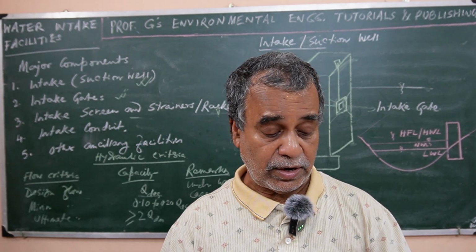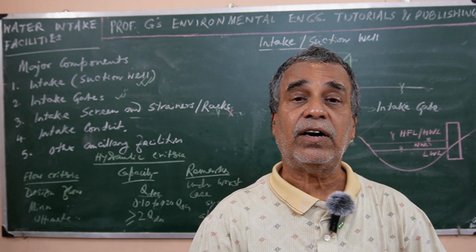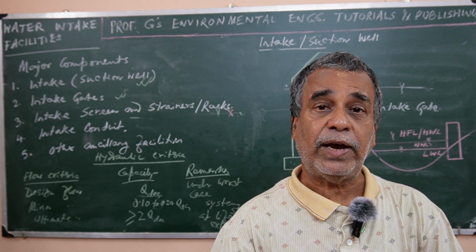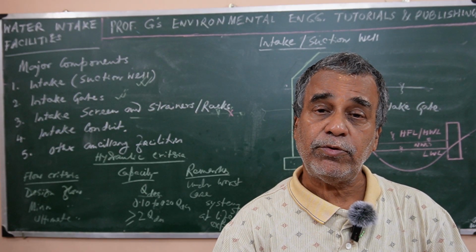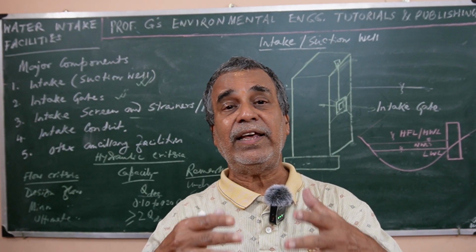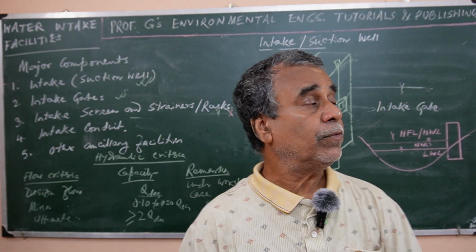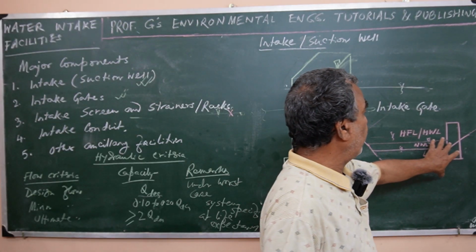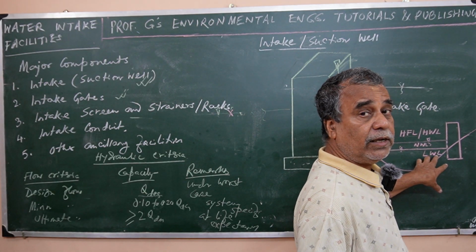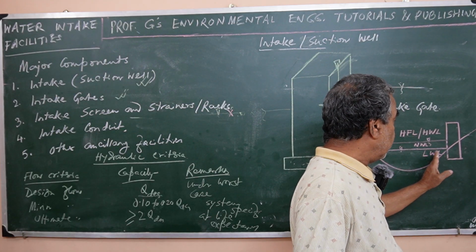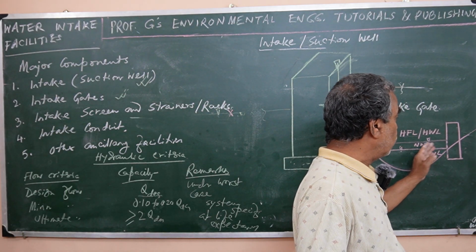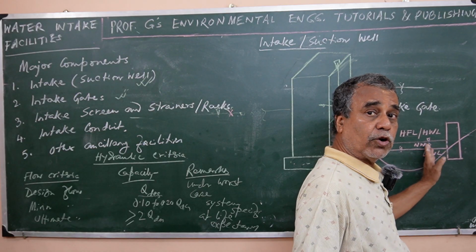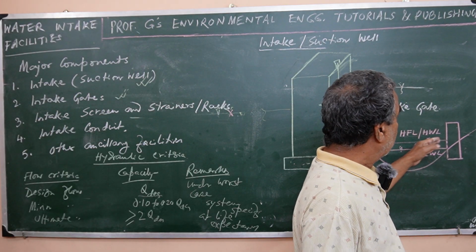It is a very heavy civil engineering structure. That is why you have to be very careful while planning and designing. So this will be the historically lowest water level, so that it can draw water from that.